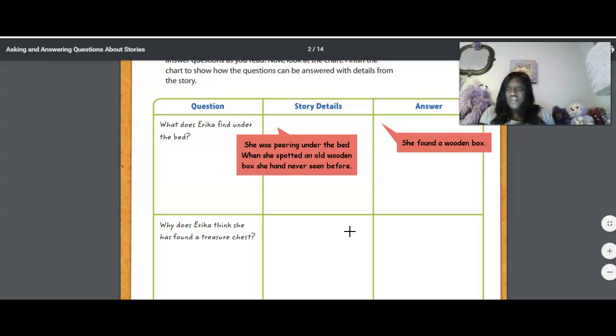Our next question is, why does Erica think she has found a treasure chest? Why does she think that?